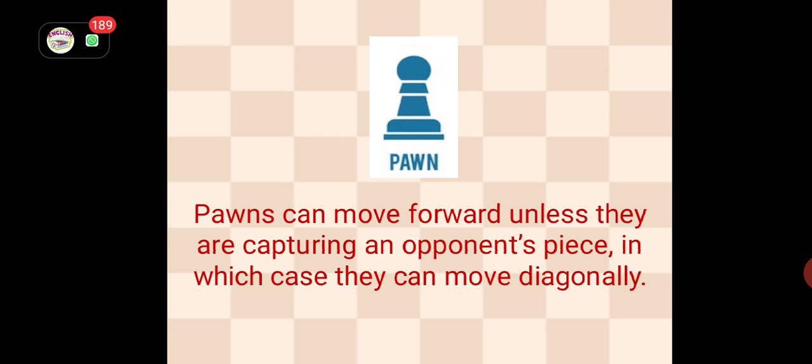Once again, square movement: moving 1 square forward or backward and then 2 squares laterally, or 2 squares forward or backward and then 1 square laterally. Okay, children? Now I will come to the pieces of chess.